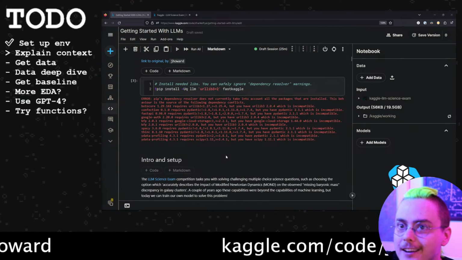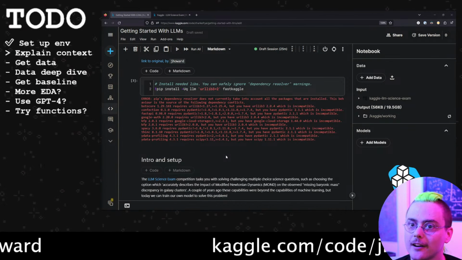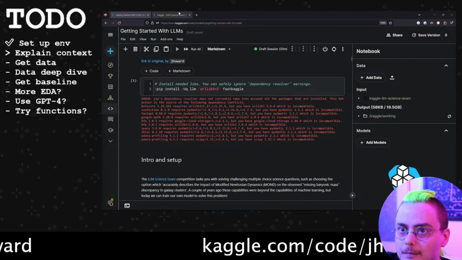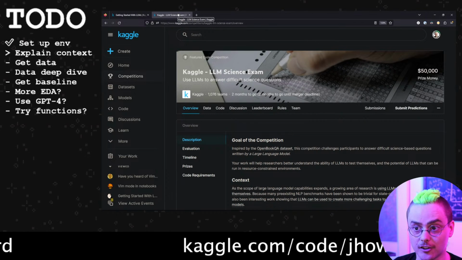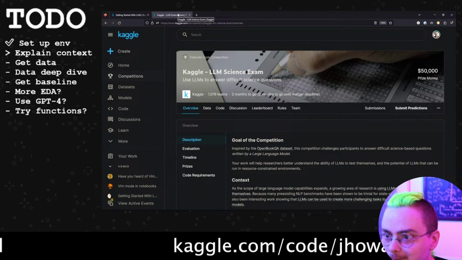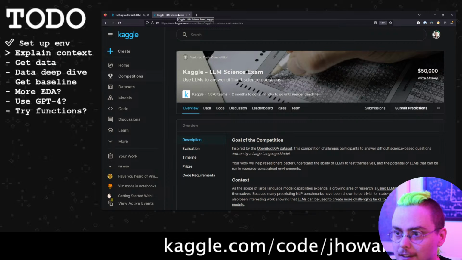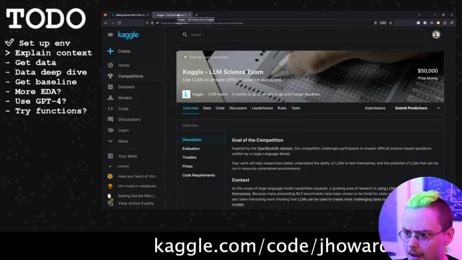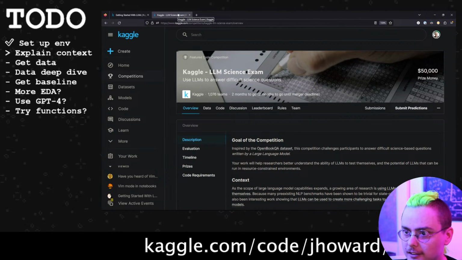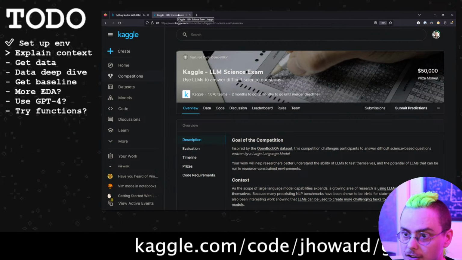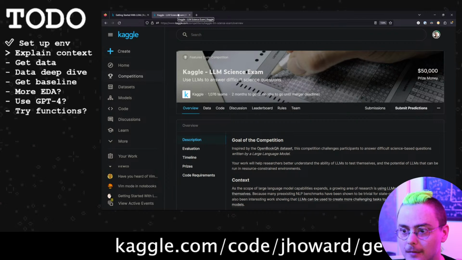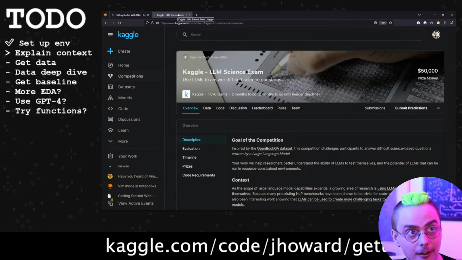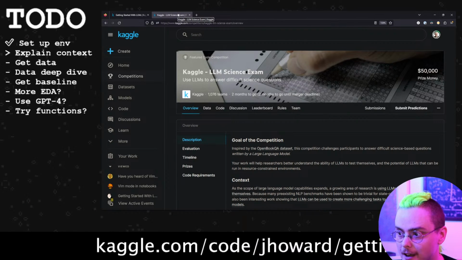All right, so let's get a little bit more context on this one by checking out the actual Kaggle competition. Here's the Kaggle competition page. It introduces the goals of the competition. It's actually supported by Google, I noticed while reading through the documentation.